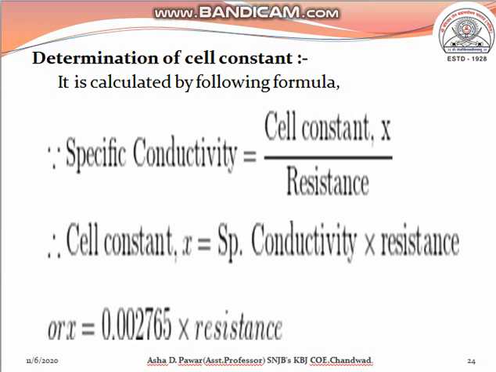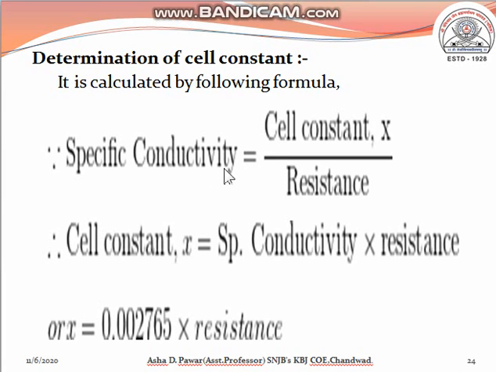Next is how to determine the cell constant, that is l/a, which is a constant. l is the distance between the two electrodes and a is the cross-sectional area of the electrodes used for the measurement of conductance. From the specific conductance we easily calculate the cell constant.